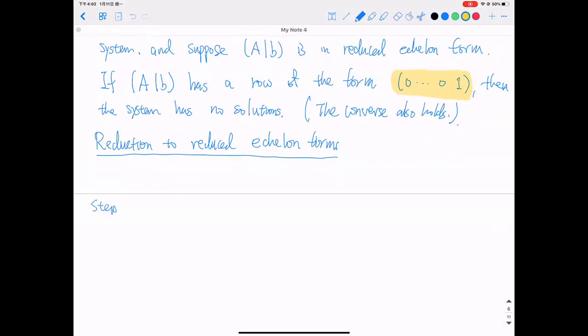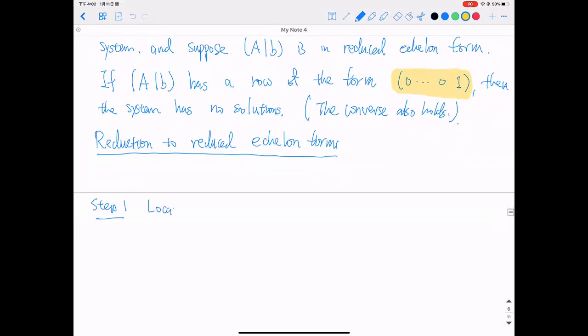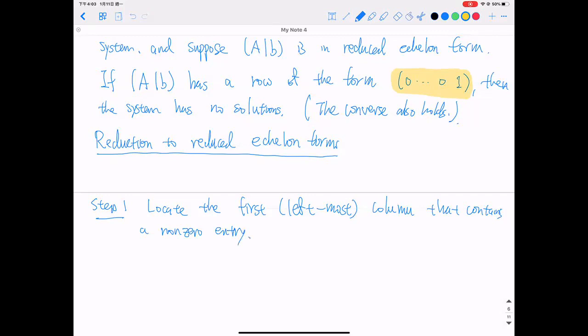Step 1: Locate the first, or should I say leftmost, column that contains a non-zero entry. Okay, do that.